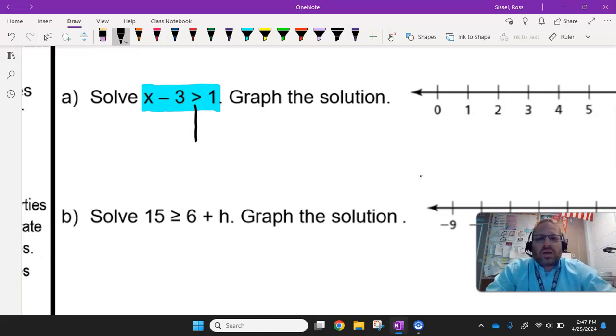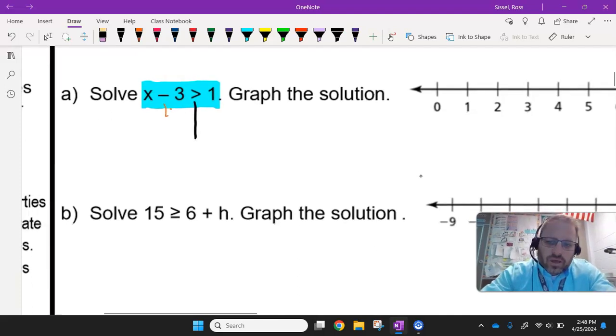Now remember, we asked ourselves 3 questions. First question is, what is my variable? In this equation, it is x. Second question is, what is happening to my variable? Well, right now we are minusing 3. So to undo the minus 3, the third question is, what is the opposite of subtracting 3?